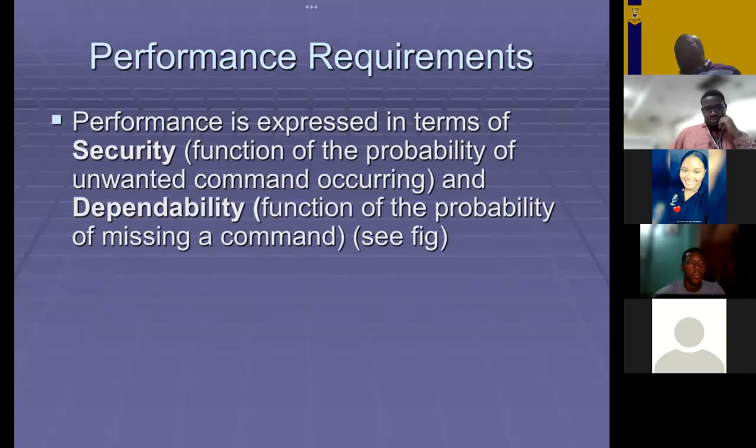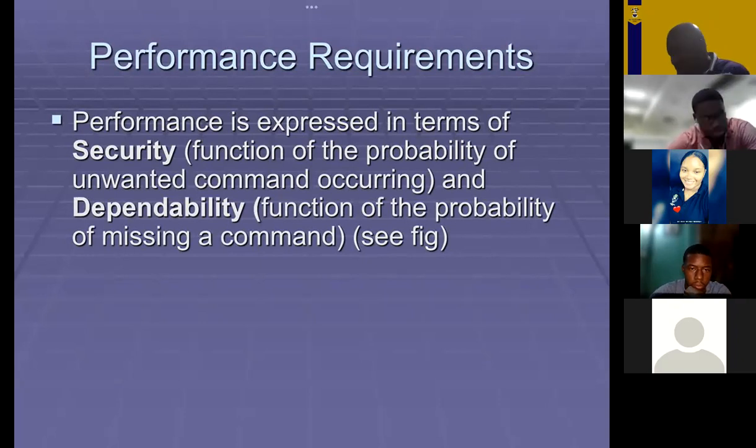Okay. So how do we judge the performance of your communication system? Performance is expressed in terms of security, and the security is a function of the probability of an unwanted command occurring. Right?